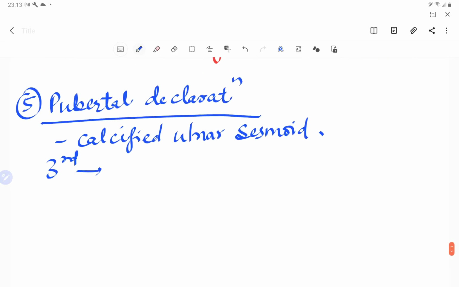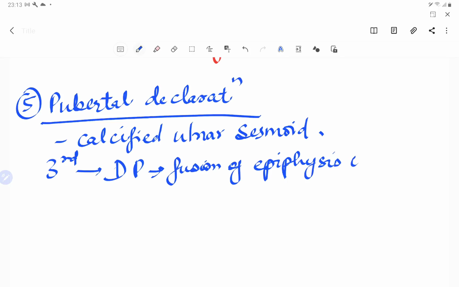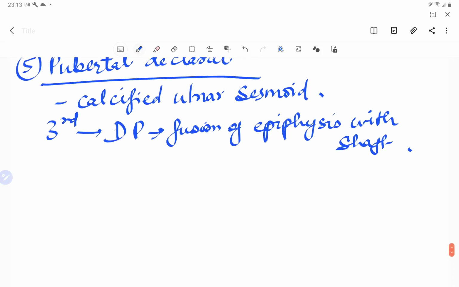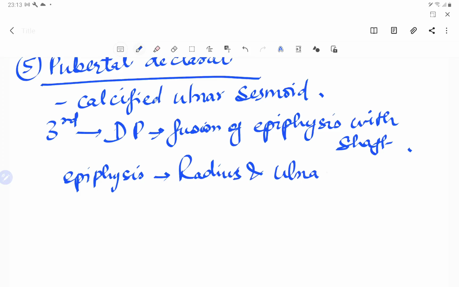In the pubertal declaration stage we will be going more distally. So in the distal phalanx, there is fusion of the epiphysis with its shaft, and the epiphysis of radius and ulna are not fully fused with their respective shaft.